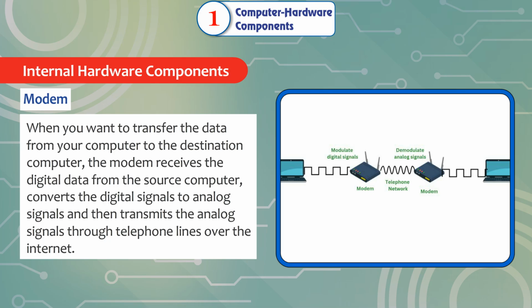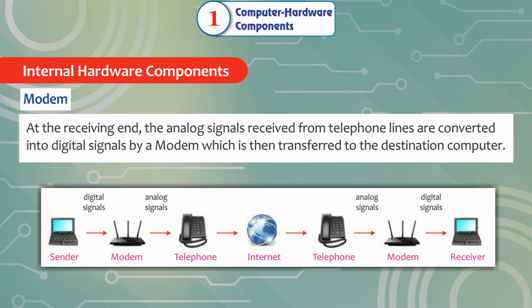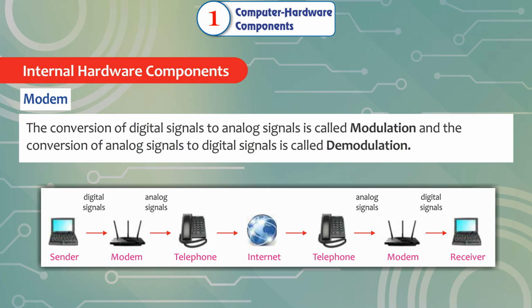When you want to transfer the data from your computer to the destination computer, the modem receives the digital data from the source computer, converts the digital signals to analog signals, and then transmits the analog signals through telephone lines over the internet. At the receiving end, the analog signals received from telephone lines are converted into digital signals by a modem, which is then transferred to the destination computer.